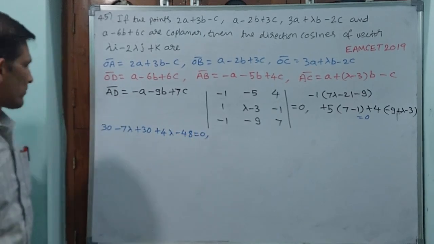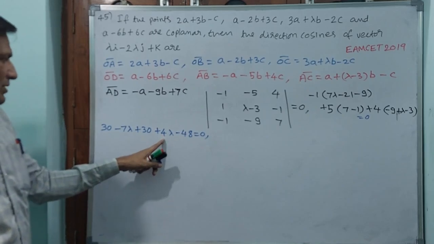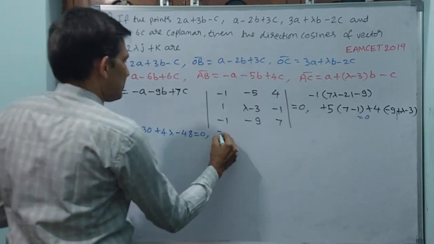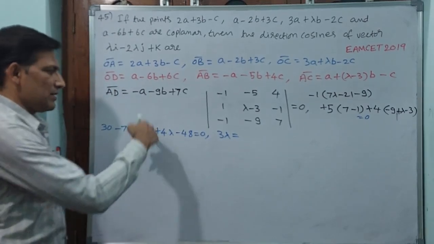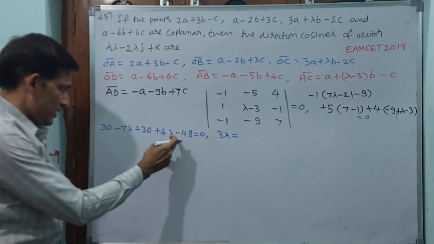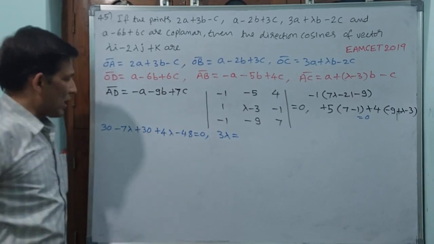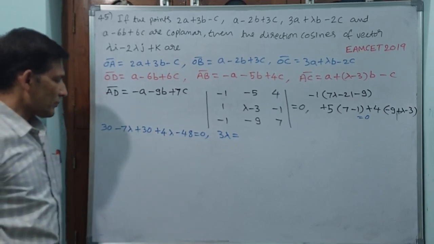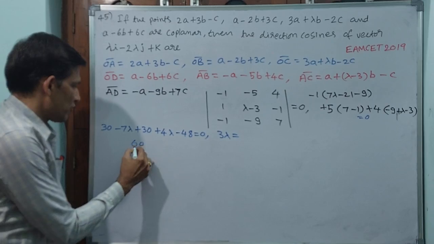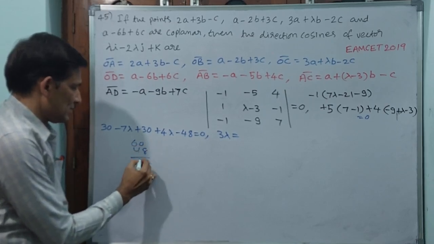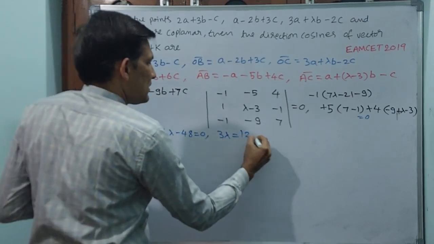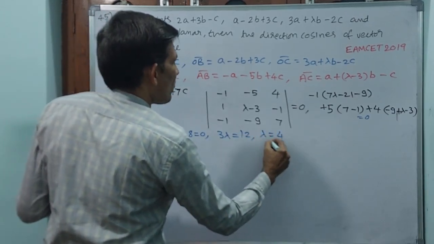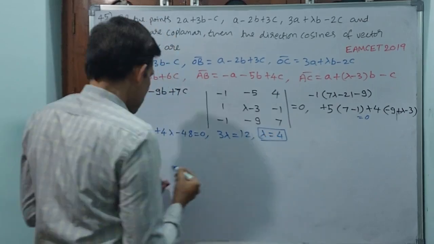Now minus 3 lambda will be there, then you send that to the other side, 3 lambda is equal to, because minus 3 lambda I have sent that side, 60 minus 48, 12. But 12 is plus. Then lambda will be 4. Okay, lambda is 4.